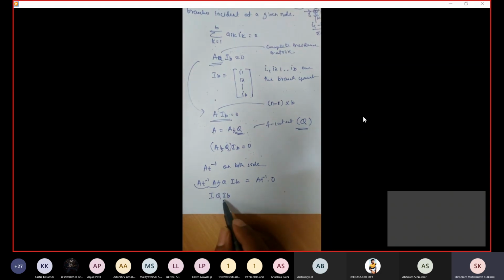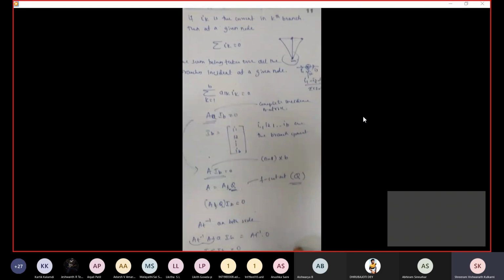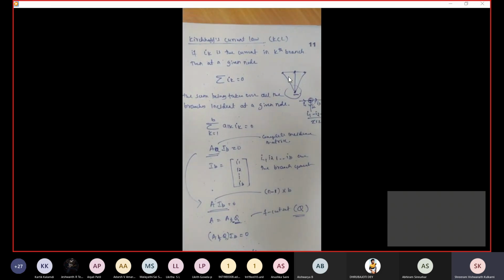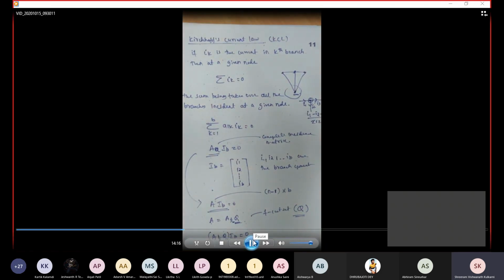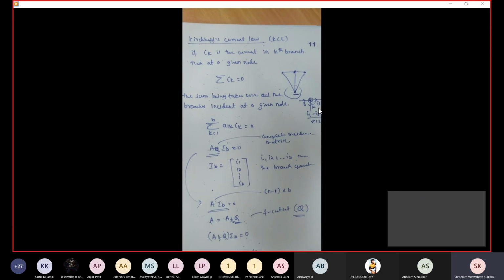So I Q I_B equals 0, so I can write Q I_B equals 0, where Q is the cut set matrix. This is the basic idea behind KCL. See guys, in KVL we use the tie-set matrix, B V_B equals 0. Here in KCL, capital A I_B equals 0 or Q into I_B equals 0. Fine.